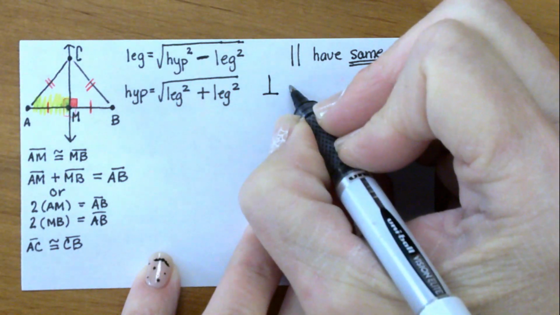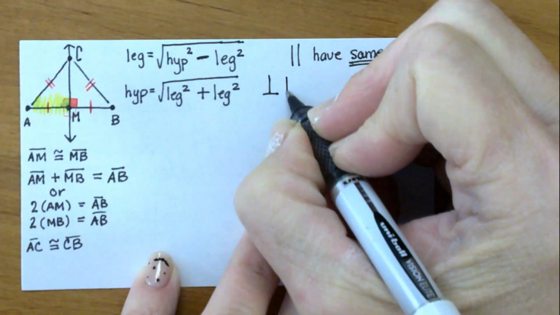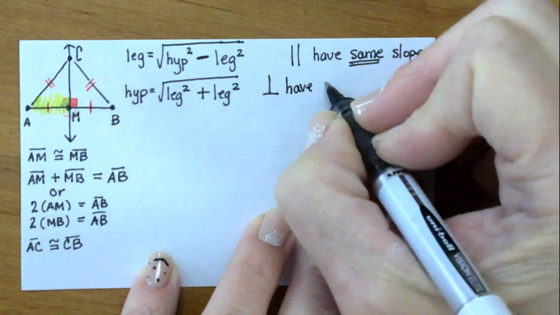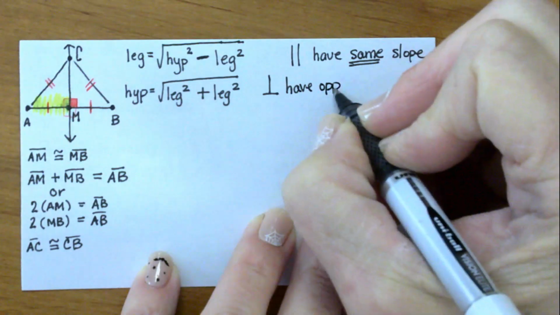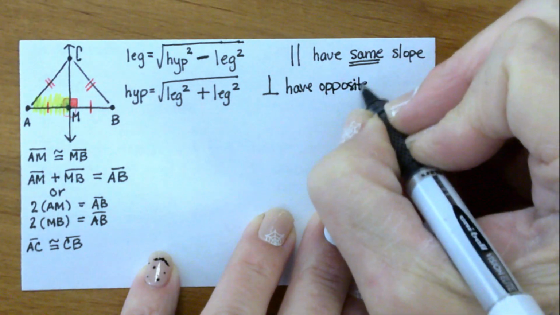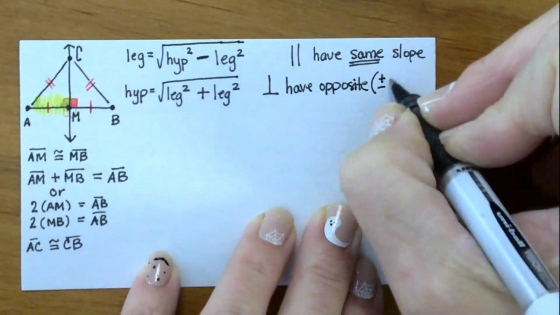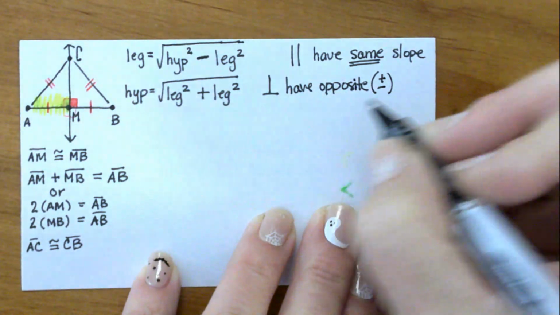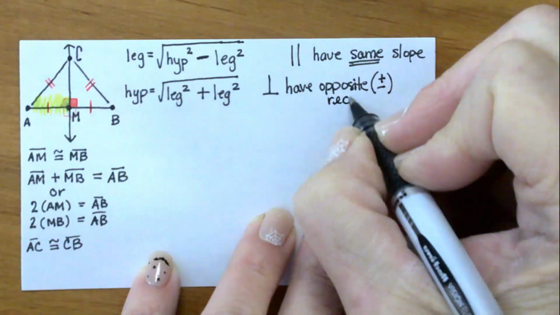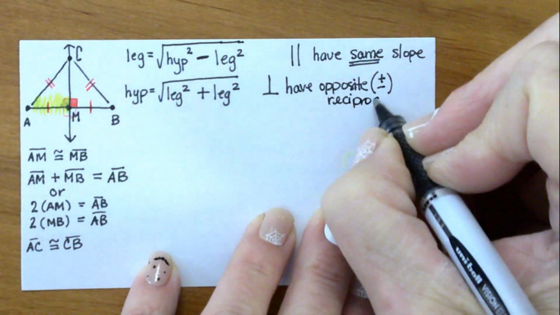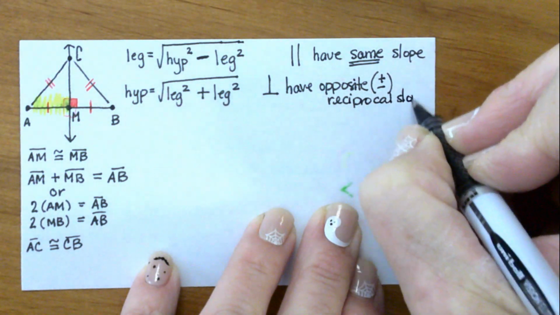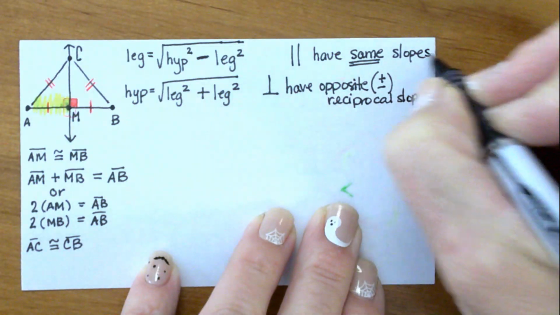Perpendicular lines have opposite. That means one is positive, one is negative. Opposite reciprocal slope. I guess those are plural.